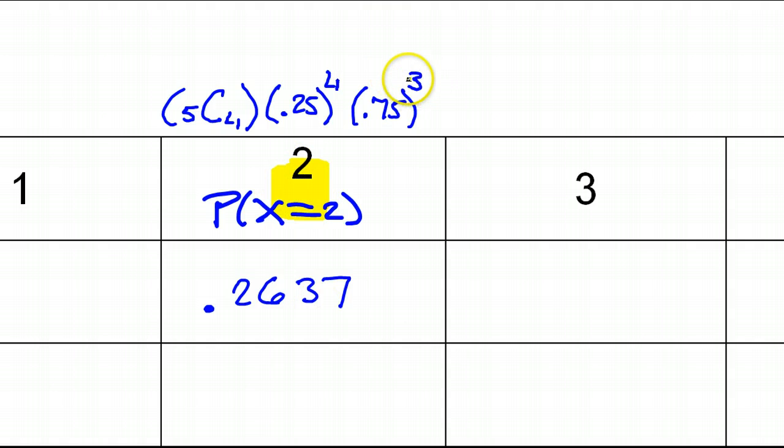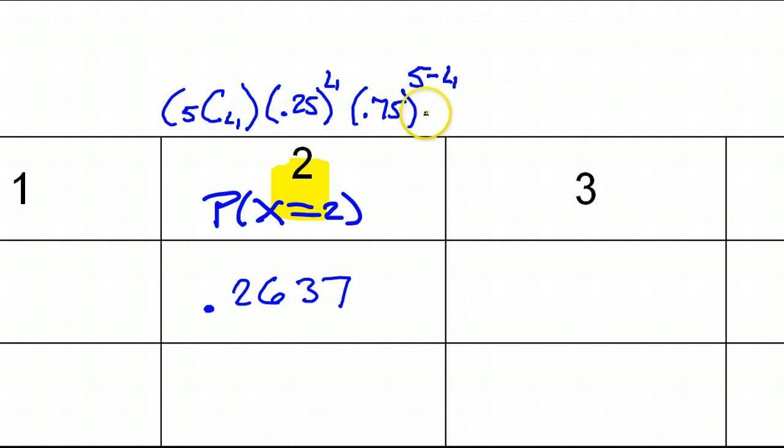Now, this other exponent always depends on what came before it. Remember, the total is 5, and if we have L1 successes, the number of failures will be the total minus L1, whatever that is.